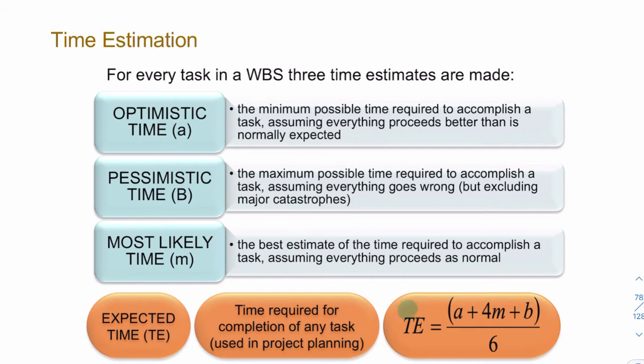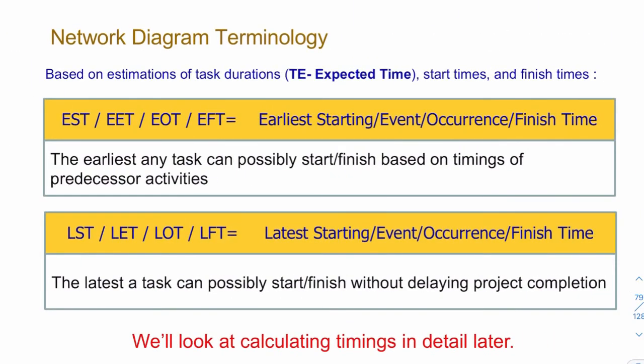This expected time is the weighted average of the optimistic time and the pessimistic time, that's respectively the minimum and maximum possible times, with the most likely time, so 4 times the most likely time. We add all these together, we divide by 6, and that gives us something called the expected time.